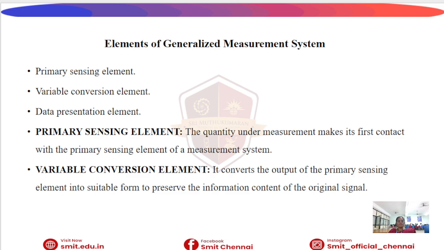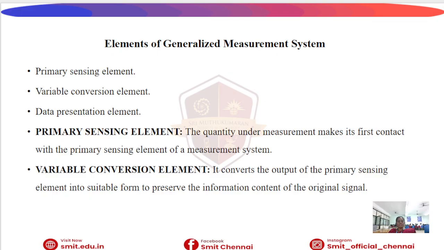A generalized measurement system consists of a series of functional elements that convert the measured quantity into a readable output. The three main elements are the primary sensing element, variable conversion element, and data presentation element. The primary sensing element is the first element that comes in contact with the quantity to be measured.